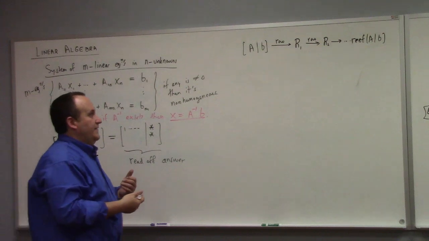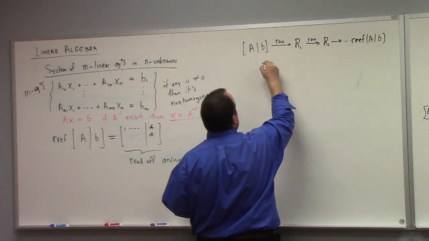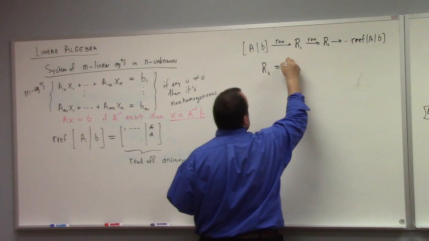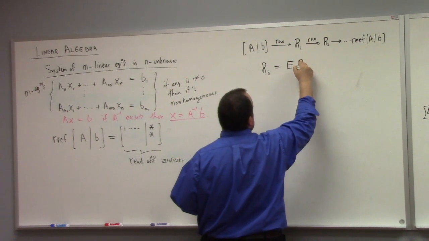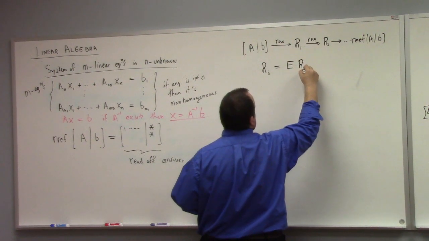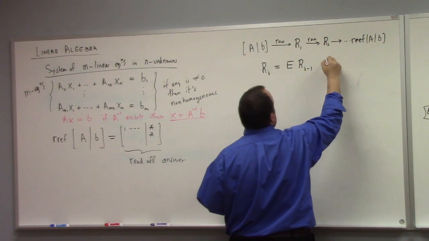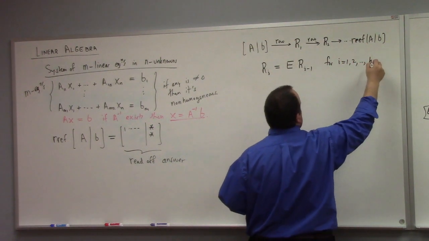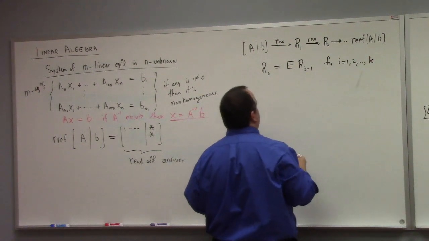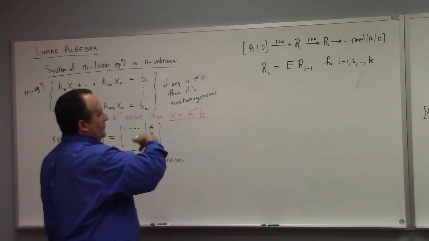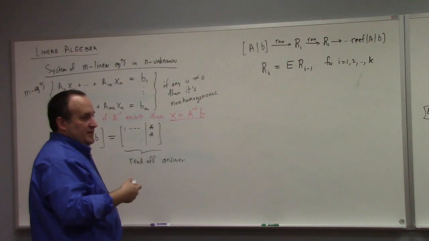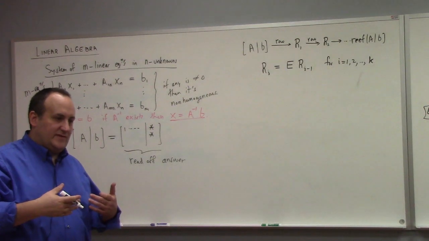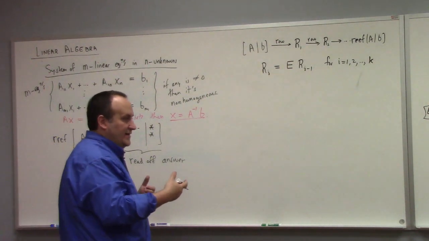In each case, the ith one is equal to some elementary matrix E times the one right before it. I guess k might be the number of row operations if I did my numbering right. Row 1, row 2, yeah, I think so. So if it takes k row operations, it takes k elementary matrix multiplications to get from the starting thing to the ending thing, right?